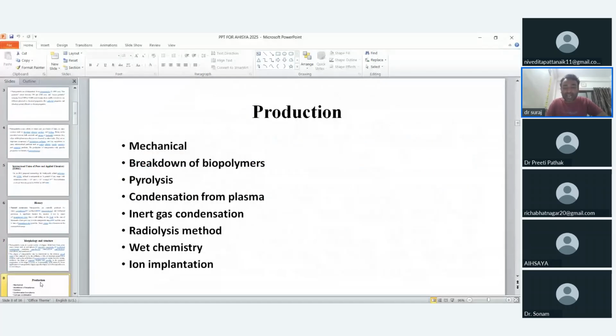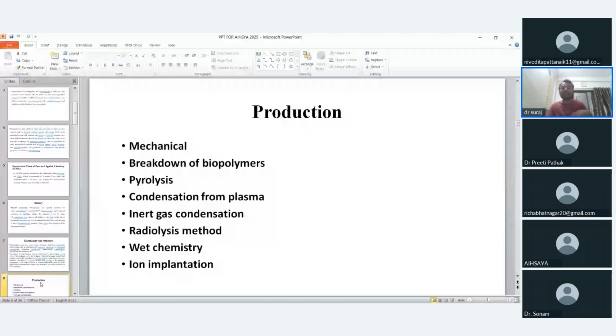In production, we have various methods through which we prepare such nanostructures, like mechanical breakdown, the biopolymer method, where we have the lysis of biopolymers, pyrolysis, lysis means breakdown, condensation from the plasma, inert gas condensation, radiolysis, wet chemistry, and ion implantation.